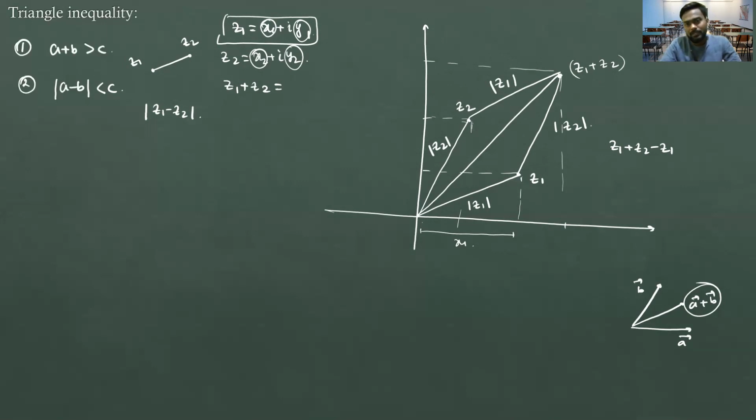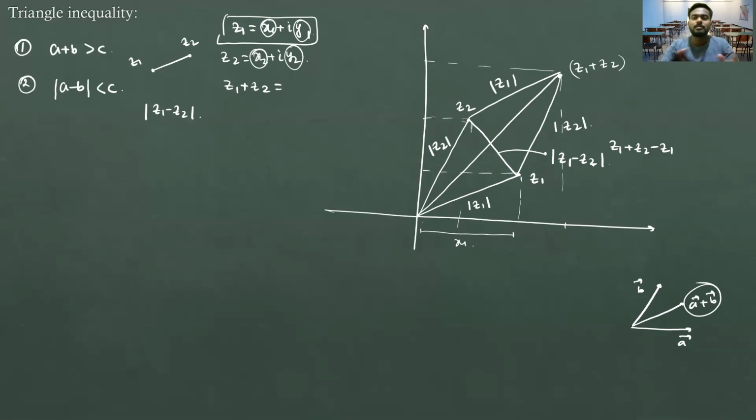Now if I connect these points, can I say this length will be modulus of Z1 minus Z2? Why? Because the distance between two points is modulus of Z1 minus Z2.